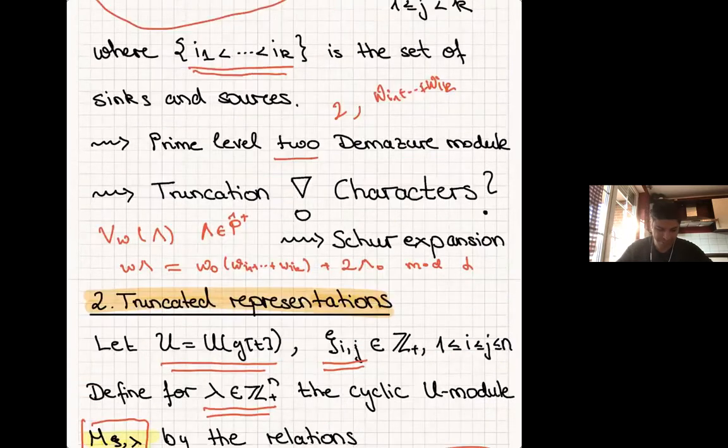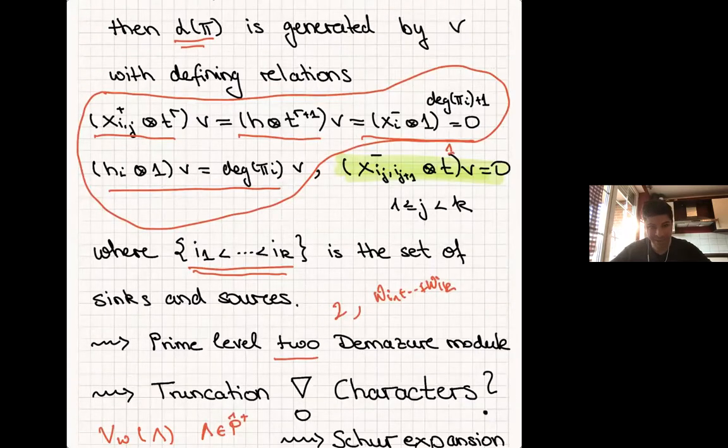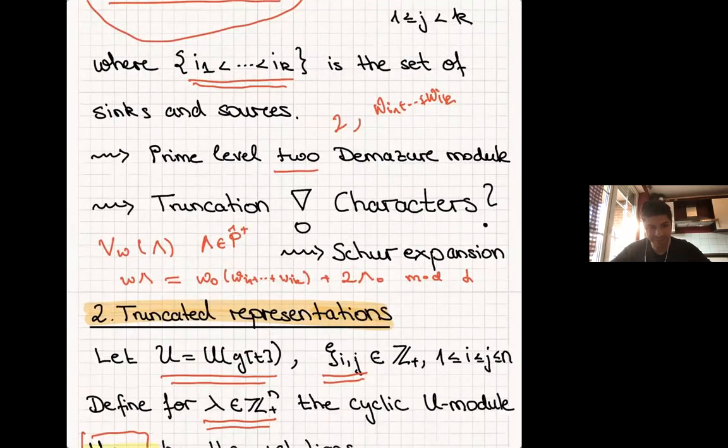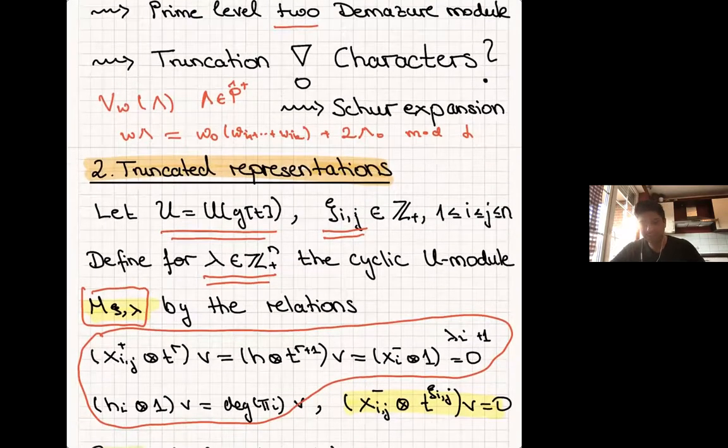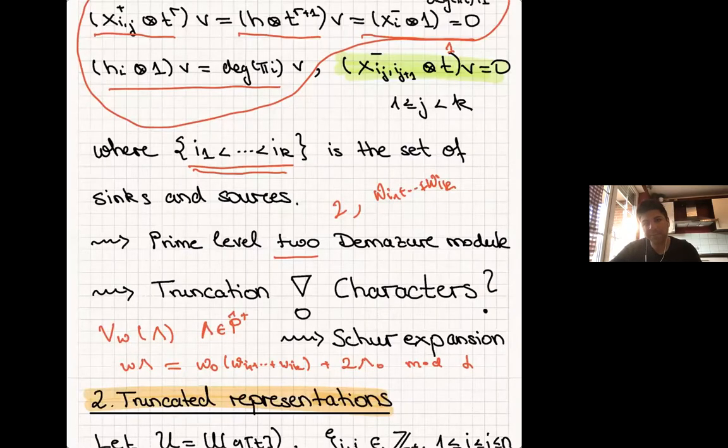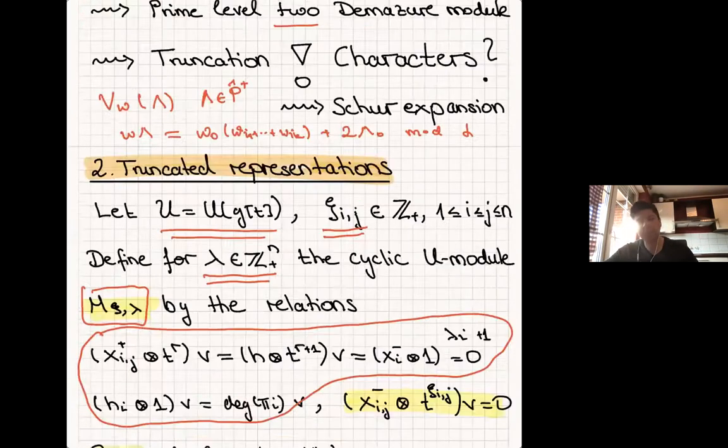It's just copy and paste. This part is the same as this part over here, but with one additional relation: you replace this 1 over here and allow an arbitrary t power, not only 1. So you take x_ij^- tensor t to some non-negative integer power. This is a family of representations which are called the truncated representations for current algebras.